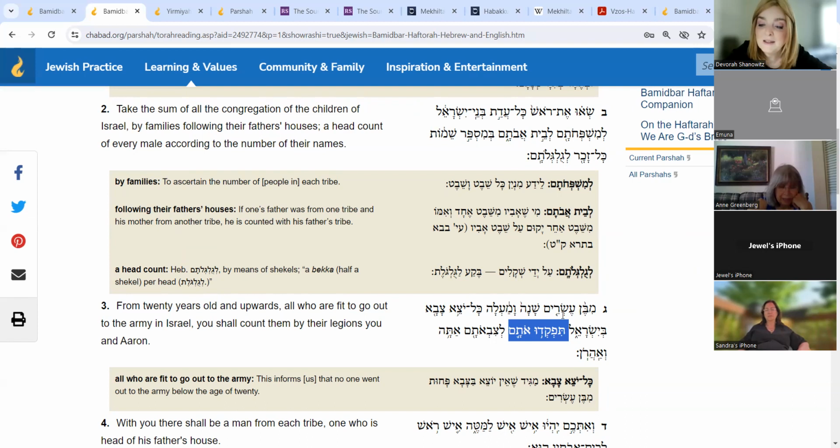For example, we say that God remembered Sarah and he gave her a child. Vayifkod Elokim et Sarah, that God remembered Sarah. So the etymology, Pei Kuf Dalet, is to count, to remember, to appoint, to anoint, and so on and so forth.